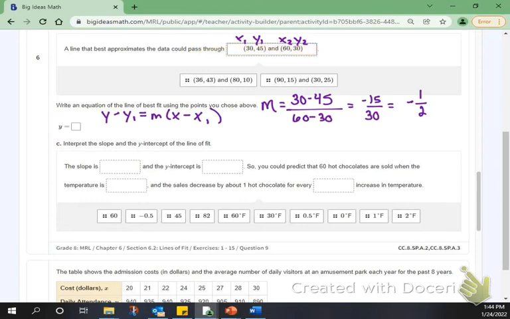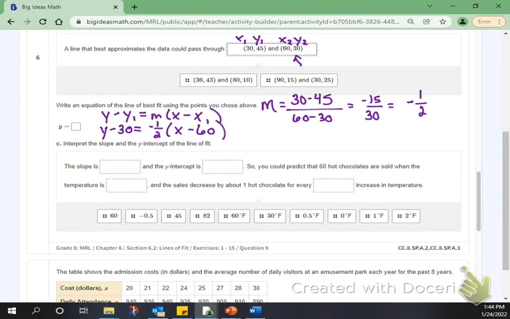We're going to do the second one, just because I feel like it. All right, so let's plug in the numbers. y minus, in my second ordered pair, which one is my y value? 30. So y minus 30 equals negative 1/2 times x minus 60.